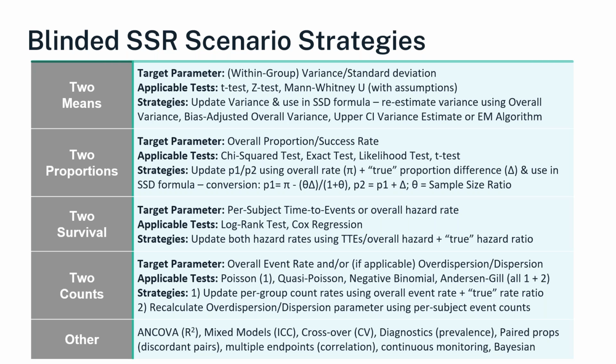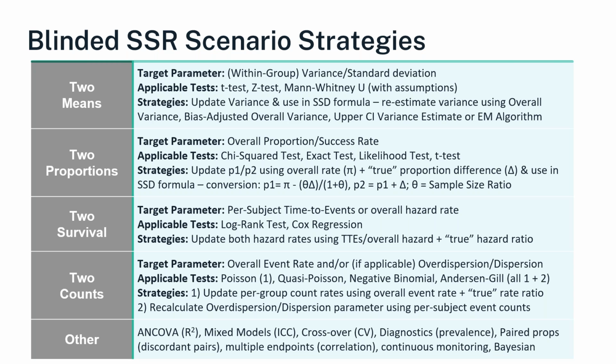And this could be applicable for a two-sample t-test, a two-sample z-test, a Mann-Whitney U-test if you were willing to make some strong assumptions. In effect, the strategy is exactly the same as what we had for the external pilot. Basically, we take our internal pilot, recalculate the variance, input that into our sample size formula, and then adjust our sample size upwards if required, if we were too optimistic about the value of the variance, too low in our initial sample size calculation.